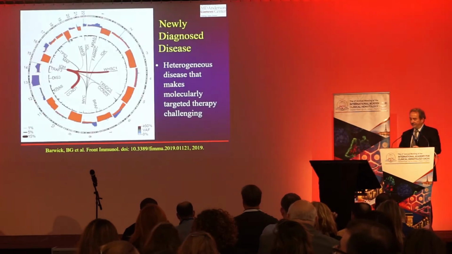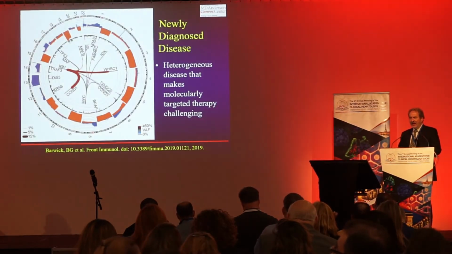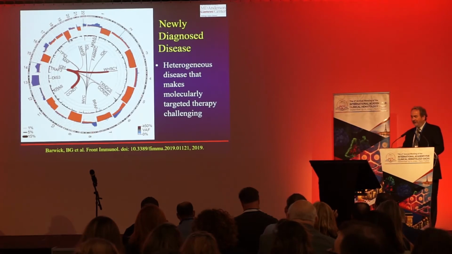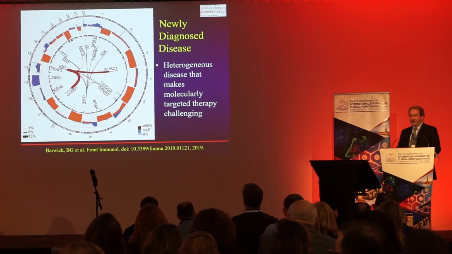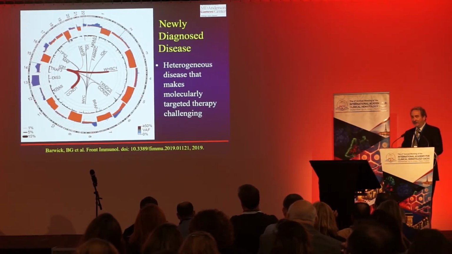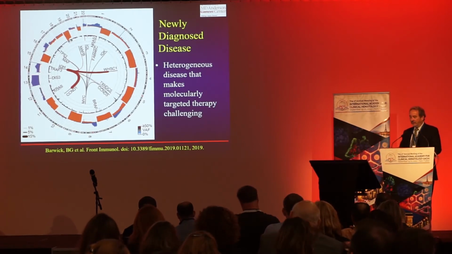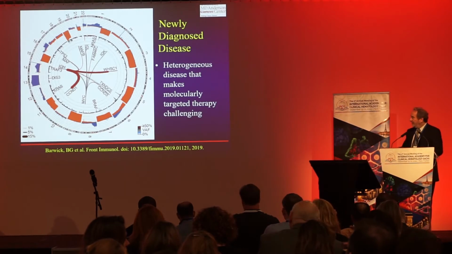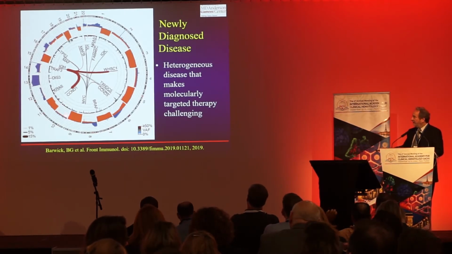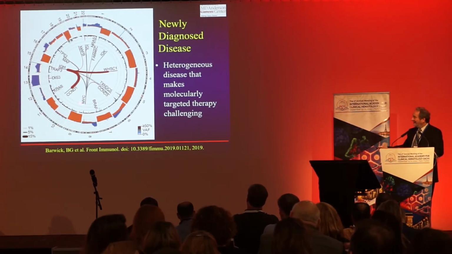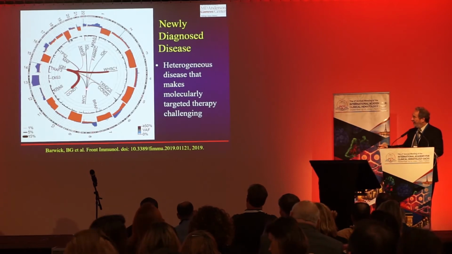And then this map just gives you an overall feeling of how complex myeloma really is, especially in the newly diagnosed setting. You would think that maybe there's going to be only a couple of changes, but in fact there are many copy number gains and losses as well as translocations.